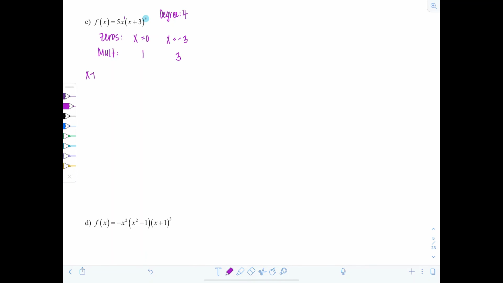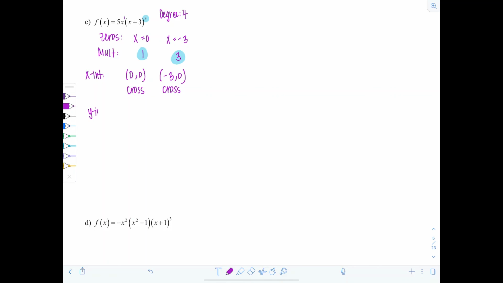Let's get the x-intercepts. So now we're going to list them as ordered pairs. So we have 0, 0, negative 3, 0. Is it going to touch or cross the x-axis at each of these intercepts? So we'll notice the multiplicity is odd for both, so it's going to cross for both. Okay.